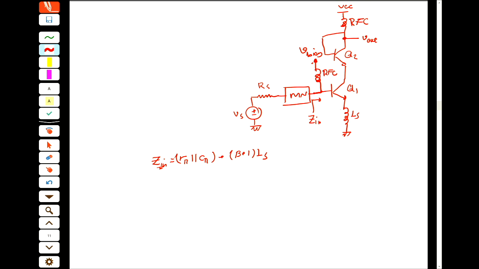So I would like to block DC going to the other stage. Then you can simply put a capacitor here, and this is the DC blocking capacitor. The same here, and this is again the DC blocking capacitor.